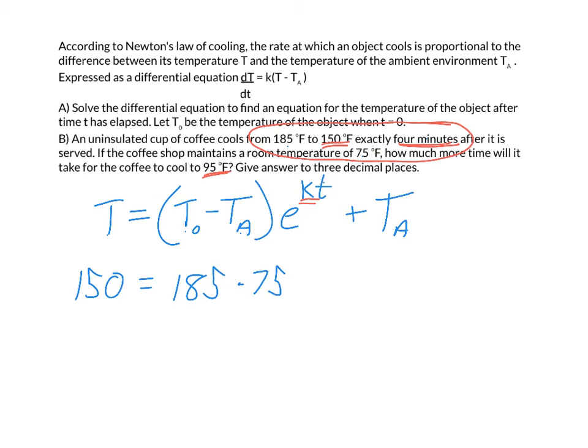The room temperature was 75. We don't know K, but we do know the time has been 4 minutes, and again, the ambient temperature was 75. So with that first bit of information, our only unknown is that K value, so we can rearrange this and solve for K.